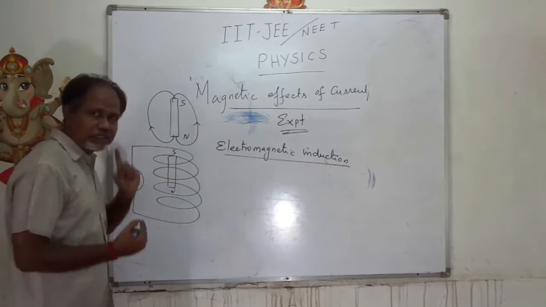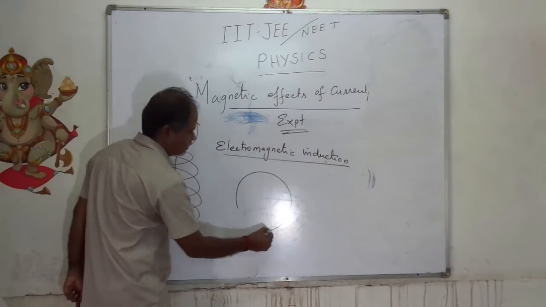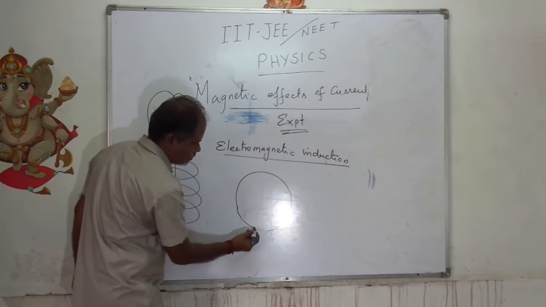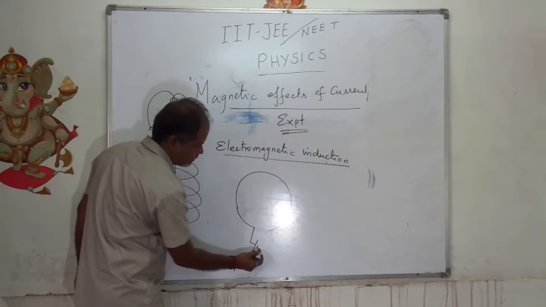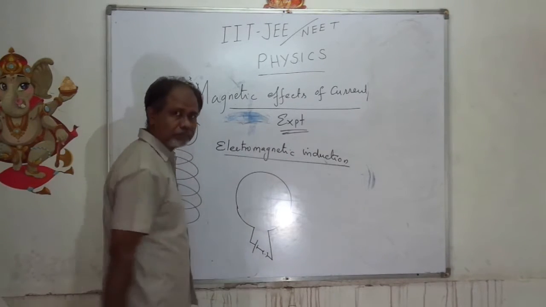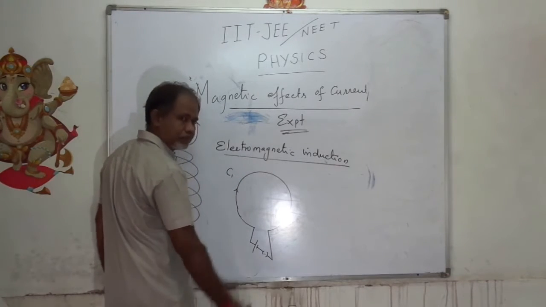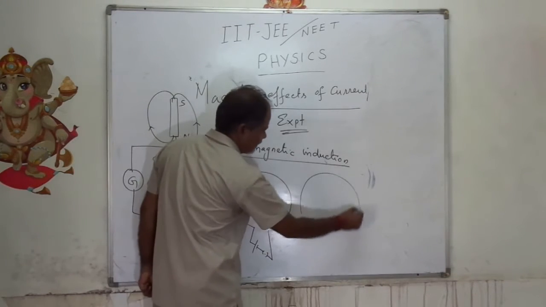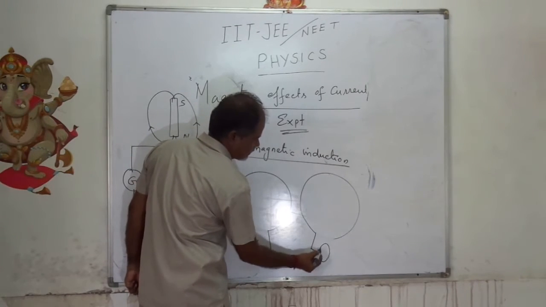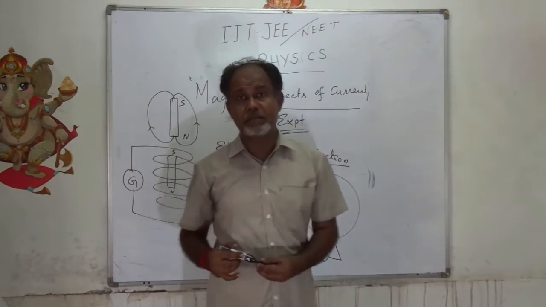The same thing, we can do as a small experiment. This is a wire connected to a battery and key. This is a coil, and the current flows. There is another wire connected with a sensitive galvanometer.